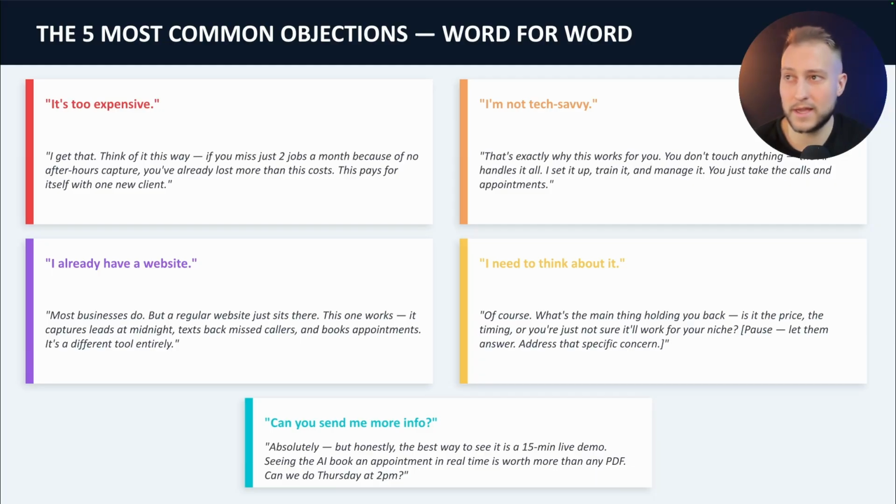And then we have, I need to think about it. Of course, what's the main thing holding you back? Is it the price, the timing, or you're just not sure if this will work for your niche? You can pause and let them answer and address that specific concern. Usually what they will say is, I'm not sure if this is going to work, we already have a website or something like that. Then you can say this is around a couple of $100 you're paying for maintenance.